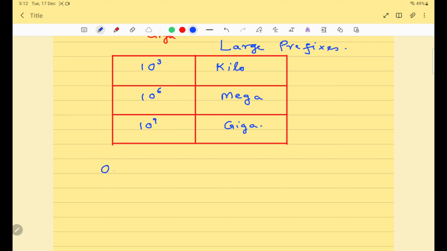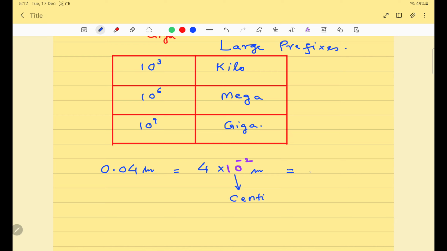If you are writing 0.04 meter, then it can be expressed as 4 exponent minus 2, and this exponent minus 2 is a prefix in physics, and the prefix is centi.